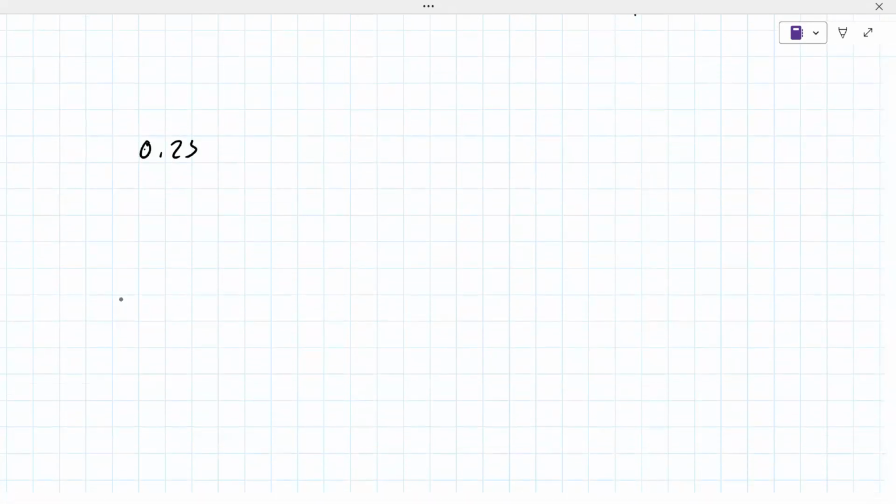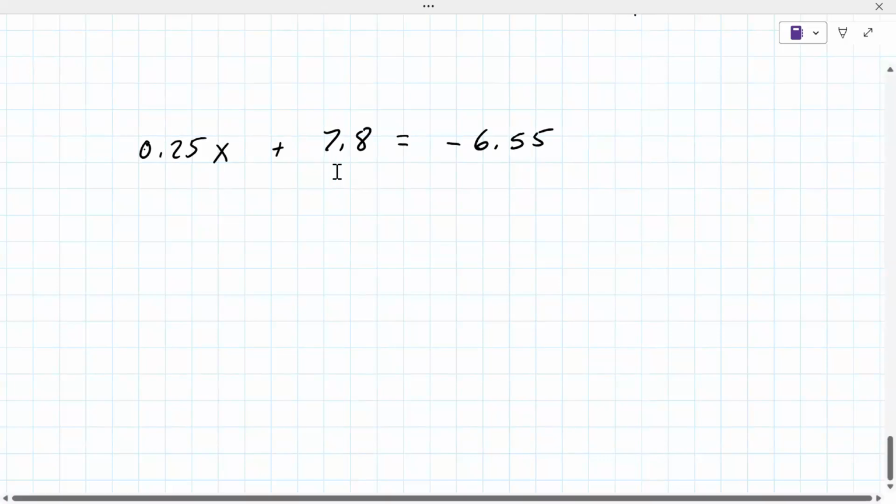All right, 0.25x plus 7.8 equals negative 6.55. No, sorry, let's do positive 6.55.